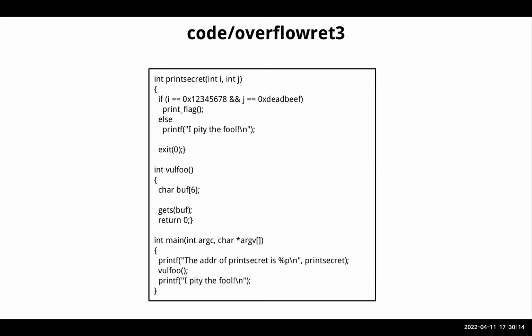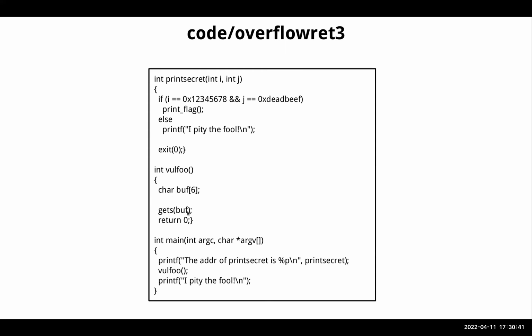All of you hacked this one before, but now we're doing the 64-bit version. Previously you did the 32-bit version. We have a main function. The main function prints out the address of print secret, then calls valfoo. Valfoo has a buffer overflow problem there. There's a gets.